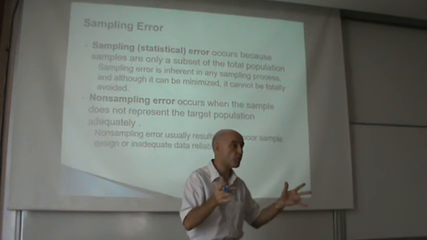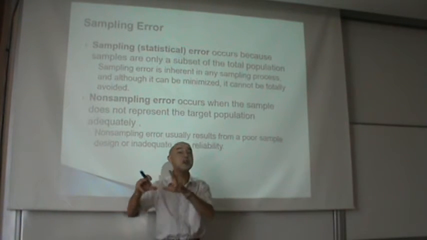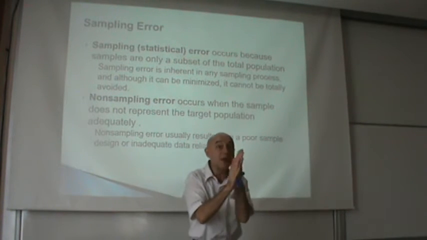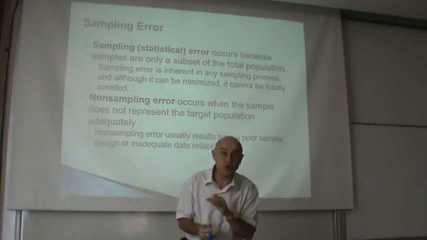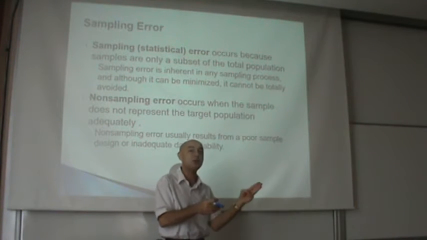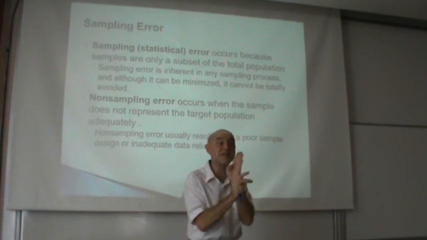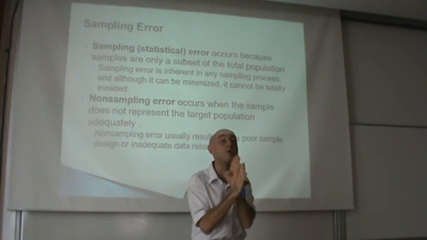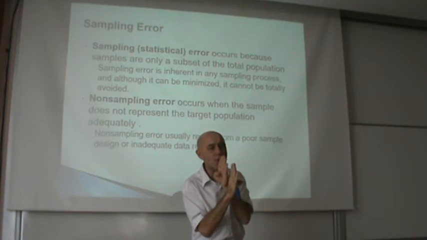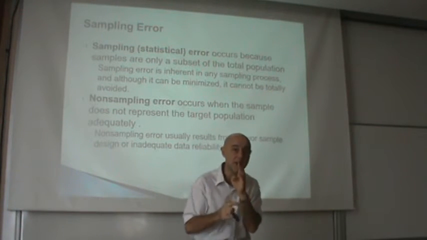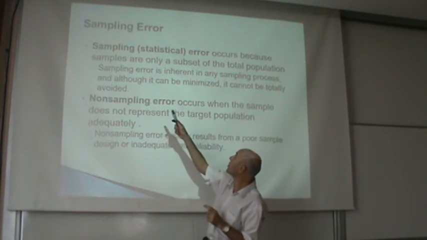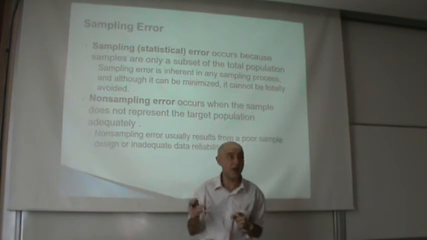And the people were just random. If you choose a different sample, you're going to get a little different answer. And if you choose a third sample, you're going to get a third answer. So, as you choose different samples, the answers will not always be identical. There will be a slight difference, okay? Well, that difference is called sampling error.